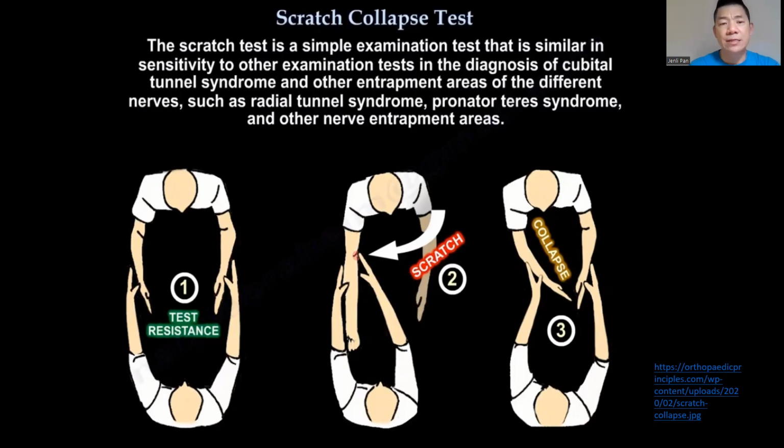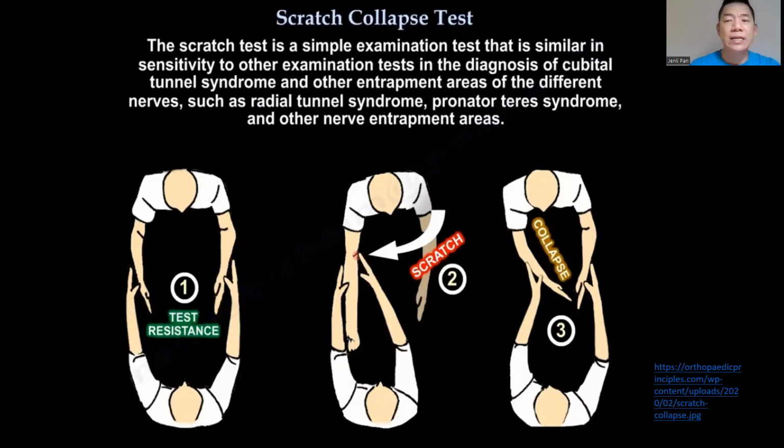So the way to do this is, number one, we have to do a pre-test on the left side of the screen to see the shoulder do external rotation under resistance. So this is a pre-test. Then we scratch the suspected side of the medial epicondyle or the innervated skin area of the ulnar nerve. And then we do the same resistance test.